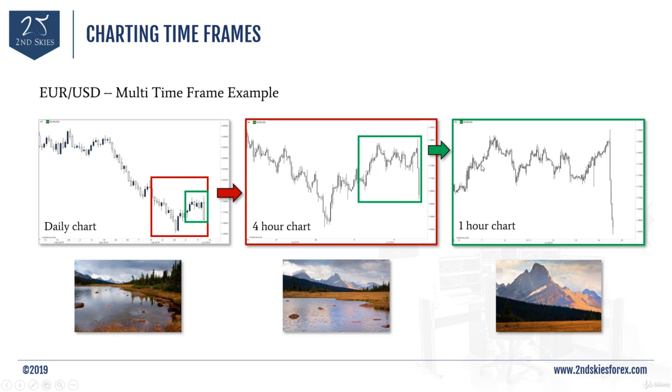But just because you only see this price action in this chart doesn't mean the context to the left does not exist. They coexist. You're simply looking at the context to the left in the daily chart with a greater magnification. Exactly the same as in the pictures. We're looking at this mountain here. That doesn't mean that there isn't a lake and that these trees on the right side aren't there, right?